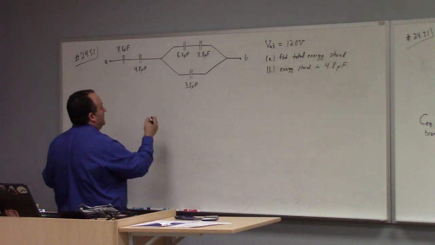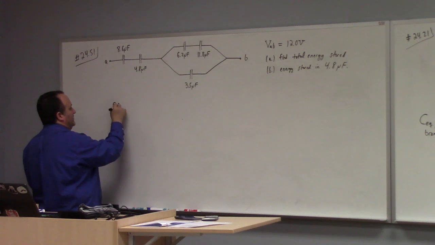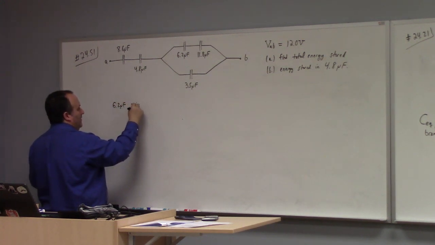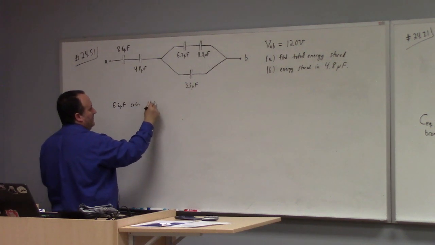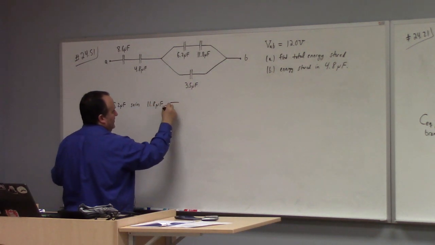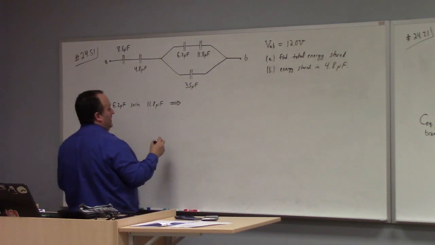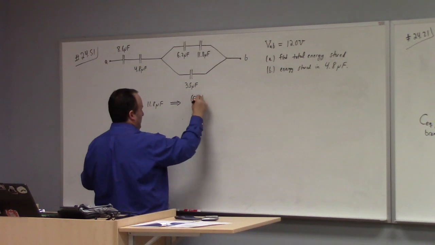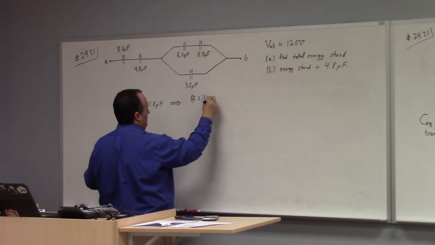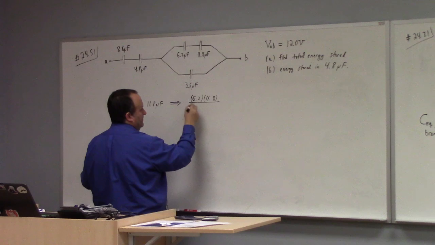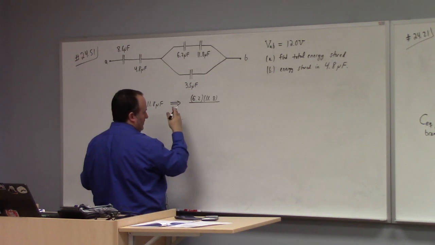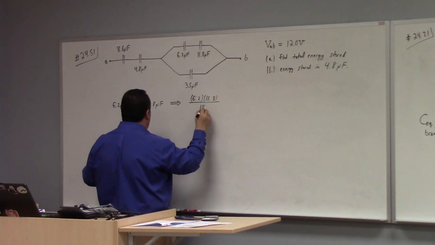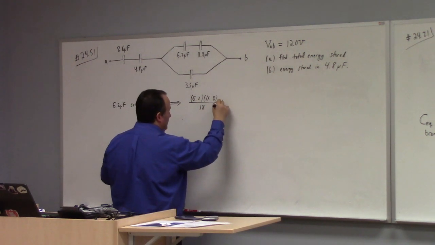What's 6.2 microfarad in series with 11.8 microfarad? It gives me 6.2 times 11.8 divided by, add those two together, 18 in the denominator.